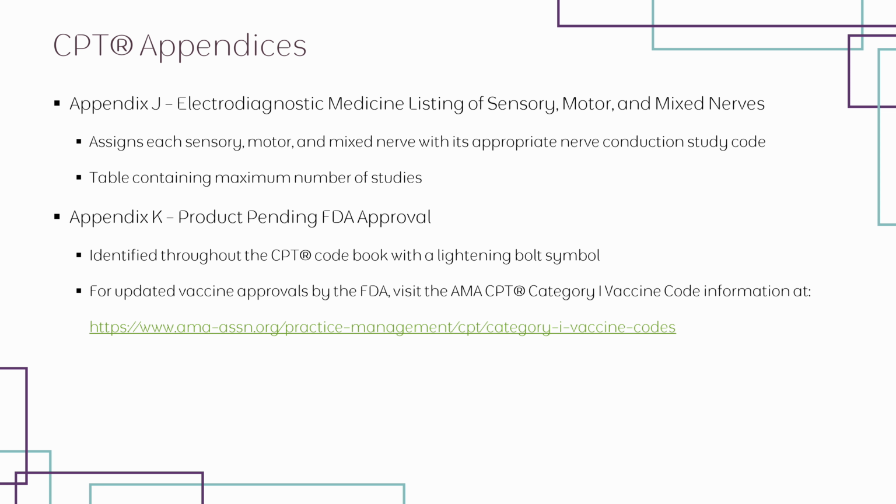These pending vaccine codes are identified throughout the CPT codebook by the lightning bolt symbol. When you see this symbol next to a code, it indicates that the code is pending FDA clearance. For the most up-to-date information regarding vaccine approvals and any changes to these codes, you can visit the AMA CPT Category 1 vaccine code page.